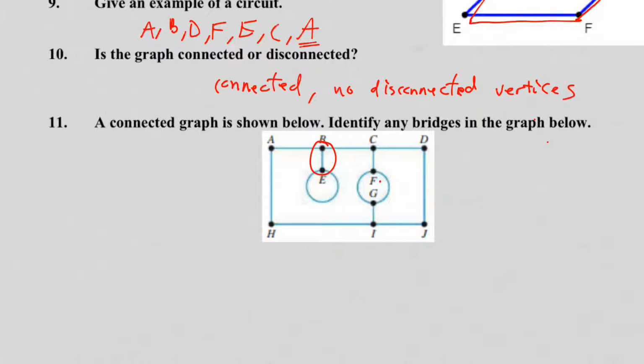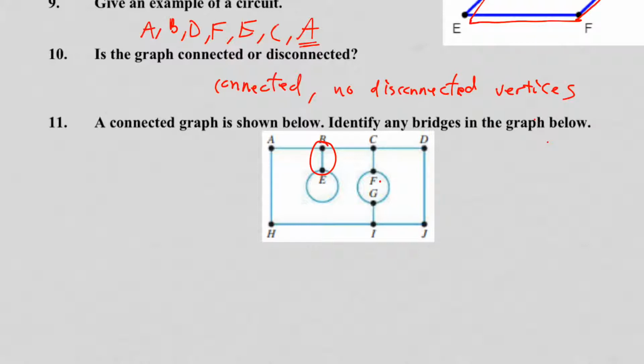Now what about C and F? CF. Is that a bridge? Okay, so if I take this out, can I get to F? Yes. I just gotta go around, through the I. So that is not a bridge.